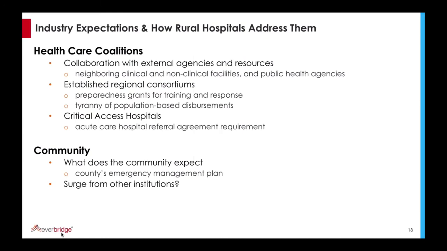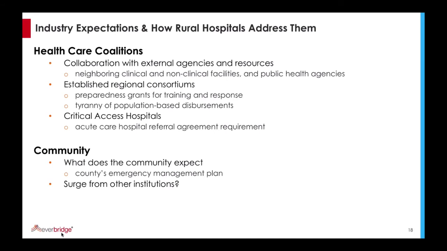One of the more important facts about rural hospitals is the significance of healthcare coalitions. Healthcare coalitions are nothing more than consolidated thinking about regional needs and how different players and entities can collaborate effectively to help the entire population of an affected region.